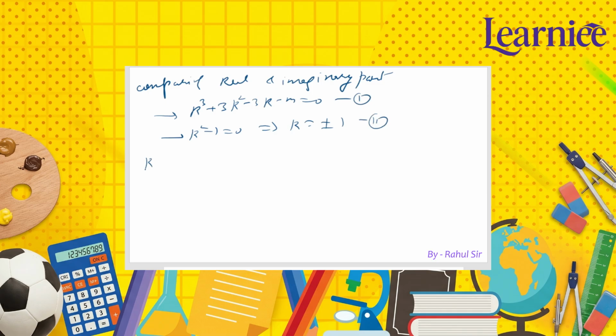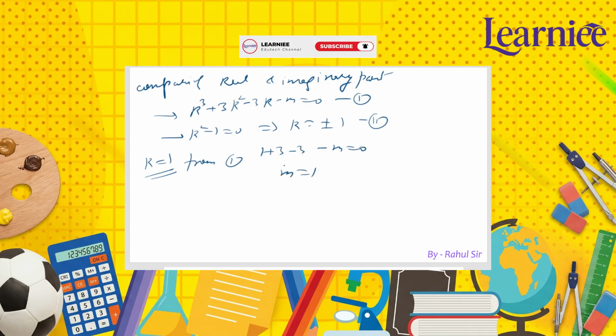So if I assume that k is equal to 1, then from the first I can say 1 cube plus 3 minus 3 minus m is equal to 0. So I will get m is equal to 1. This is the value we got if k is equal to 1.